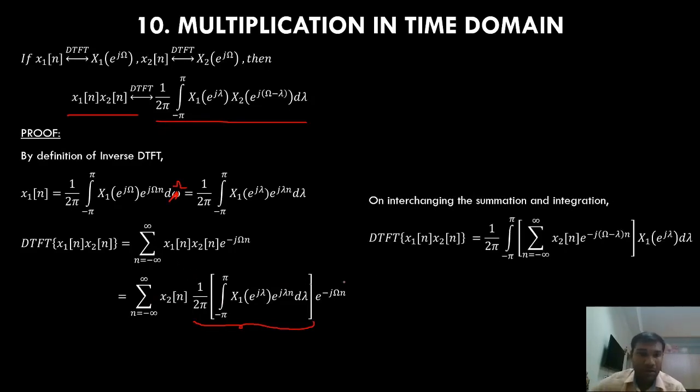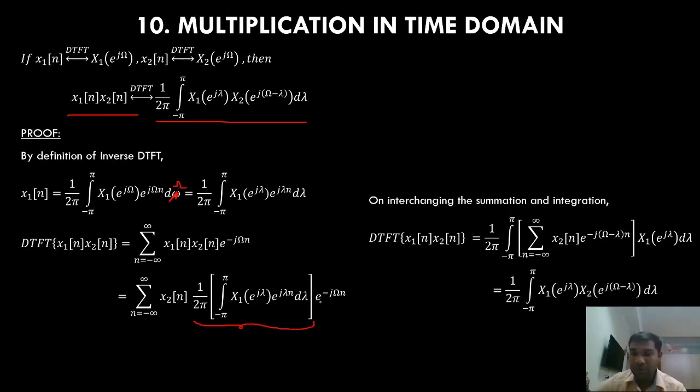So how does it look? 1 by 2 pi integration, and then I'll get the summation inside. Summation minus infinite to infinite x2 of n e power minus j omega minus lambda into n, and what is left? x1 of e power j omega d lambda.